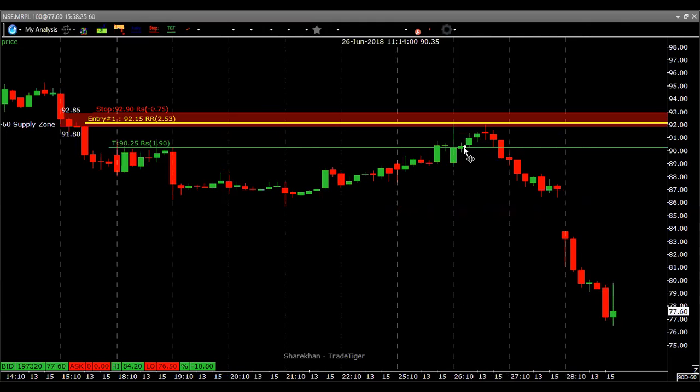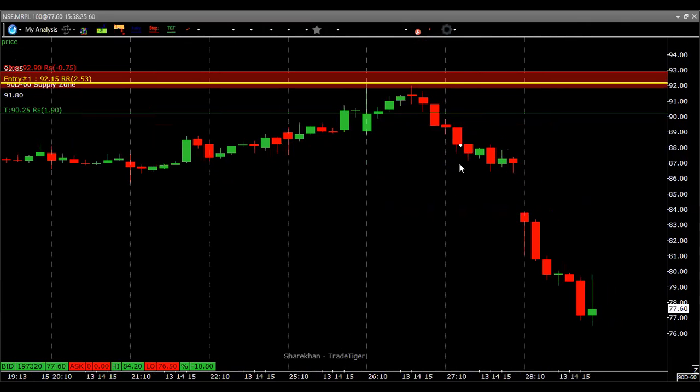Now, if you observe very closely what happened on this day here, so very early in the morning, this is an hourly chart. So all this action is of the first hour of the day, that is from 9:15 to 10:15.